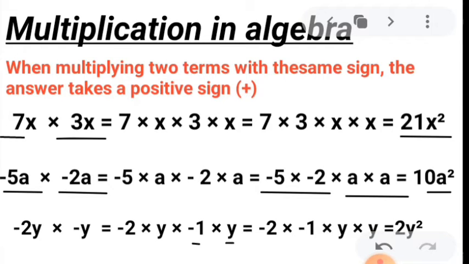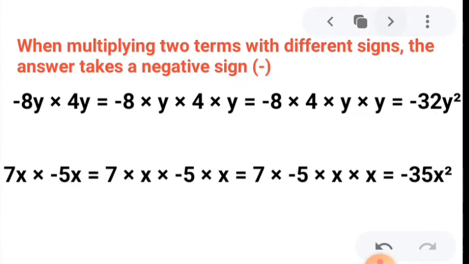If we collect like terms together, we bring minus 2 times minus 1 together and y times y together. So our answer becomes 2y raised to the power 2, because minus 2 times minus 1 is actually 2. The terms have the same sign, so the answer will take a positive sign.